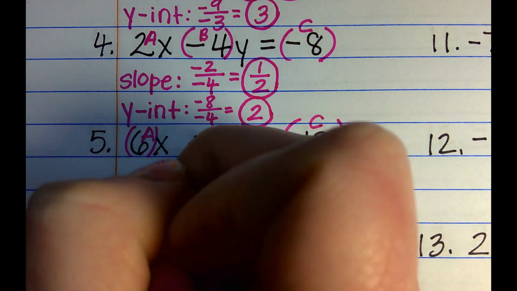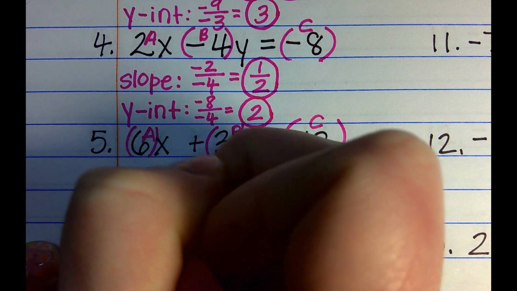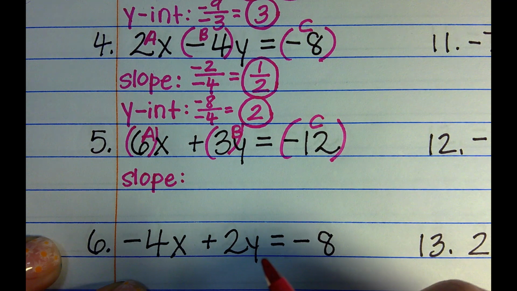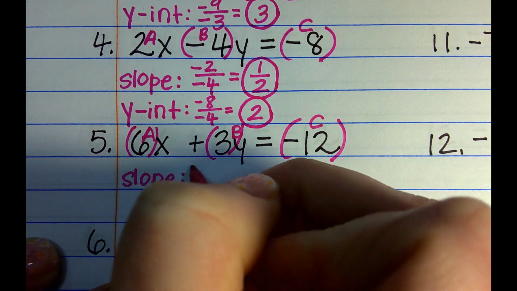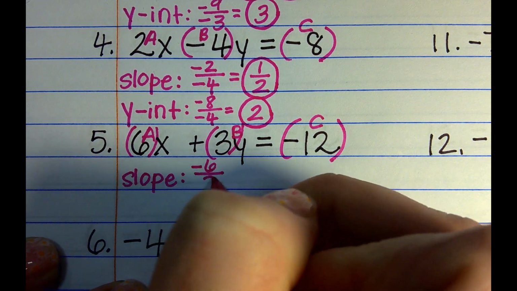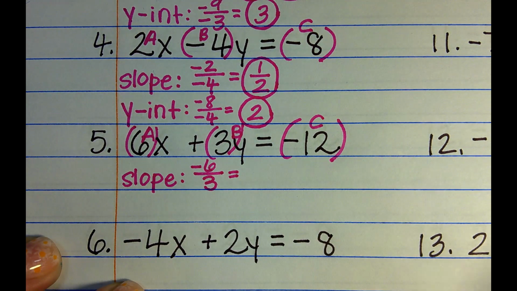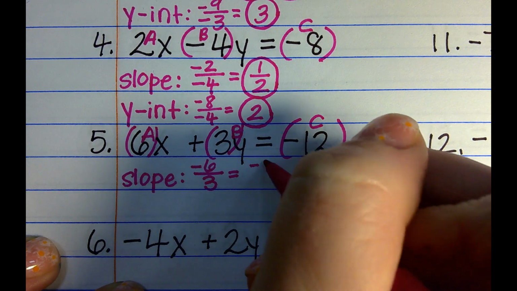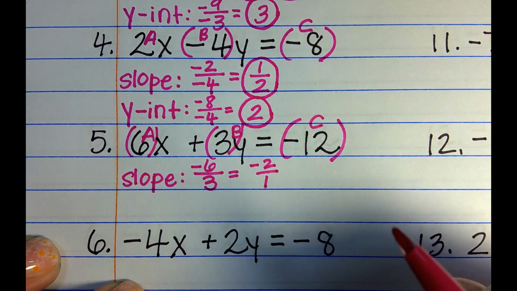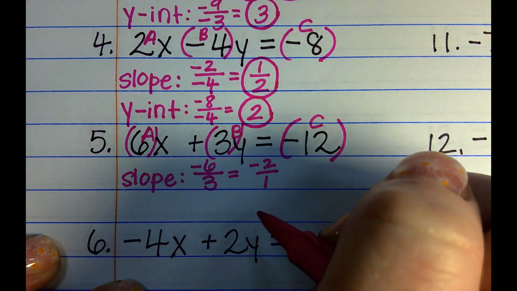So slope is negative A over B. What's that going to give us? -6 over +3. What does that simplify to? -2 over 1, or -2.